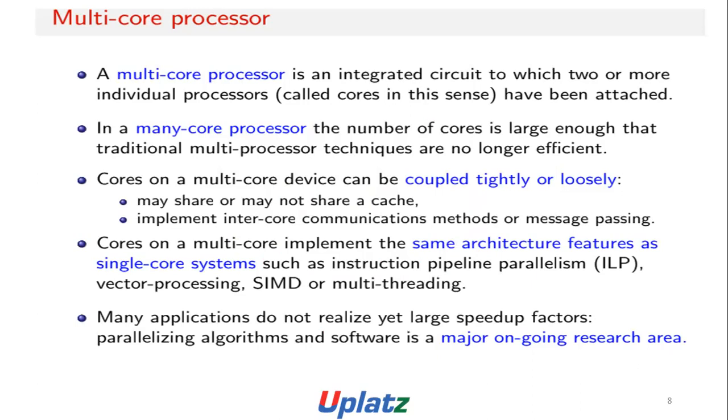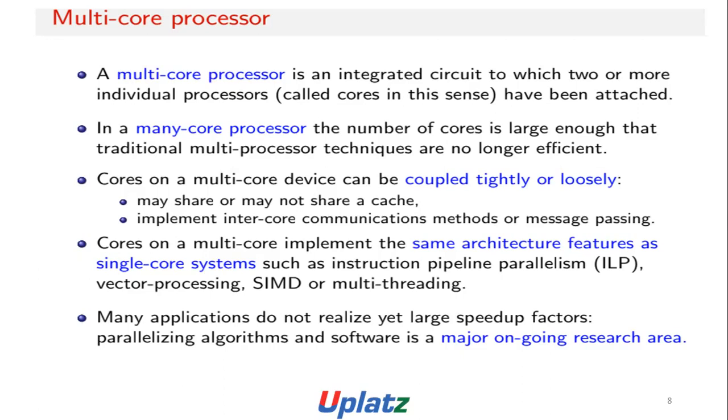In a many-core processor, the number of cores is large enough that traditional multiprocessor techniques are no longer efficient. Cores on a multi-core device can be coupled tightly or loosely, may or may not share a cache, and may implement inter-core communication methods.